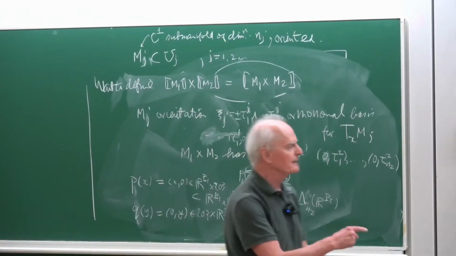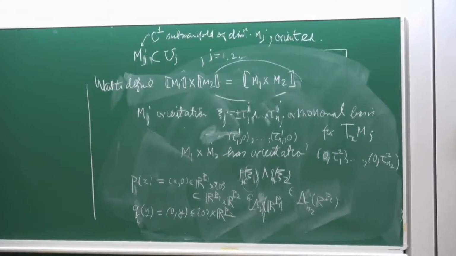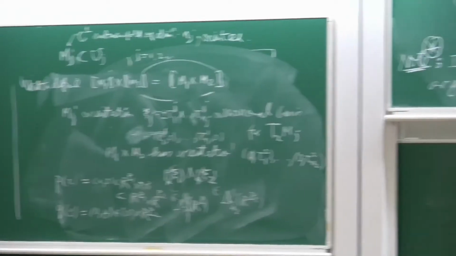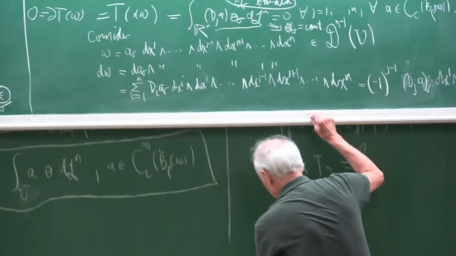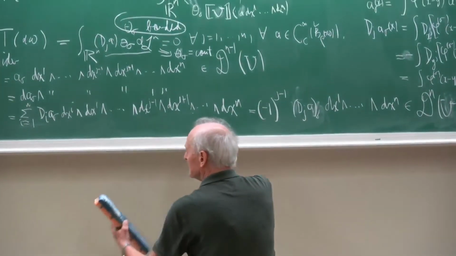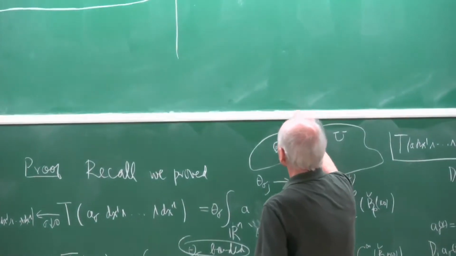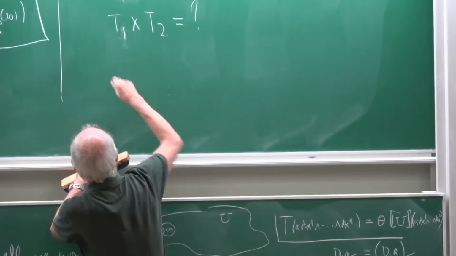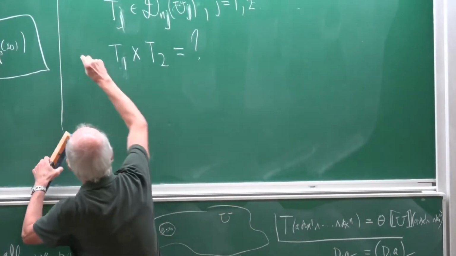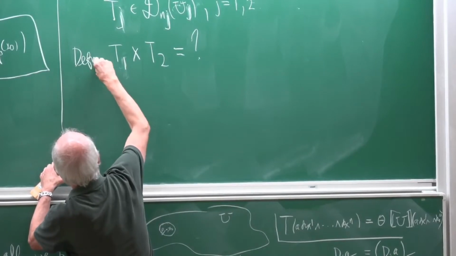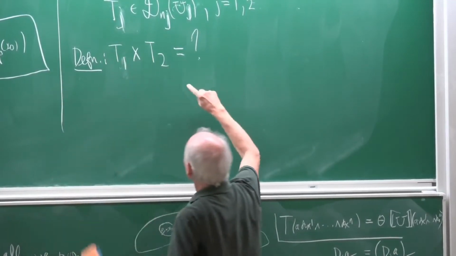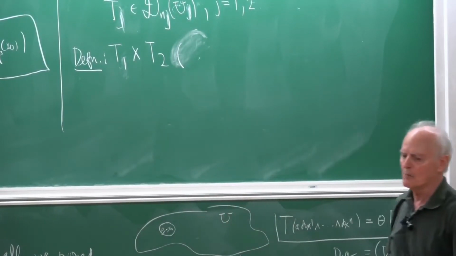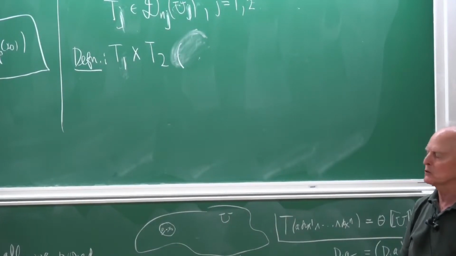So what's the right definition in general then? Let me tell you the answer to that, and then you can check that it's correct. So here's the definition. I've got to say what T1 does to an N1 plus N2 form in RP1 cross RP2.